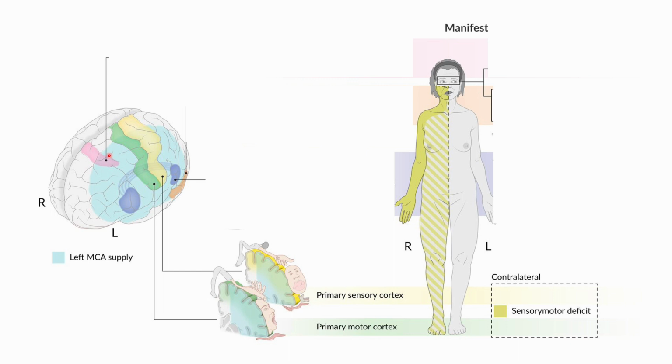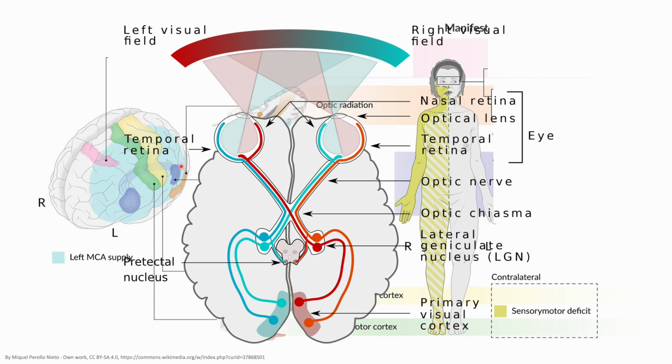And then we also have, guys, the optic radiation going through the temporal lobe and the parietal lobes, and that is supplied by the MCA as well. And so the person will have affection of one side of the visual field. So if this is a left MCA stroke, they're gonna have affection of the right part of the visual field.